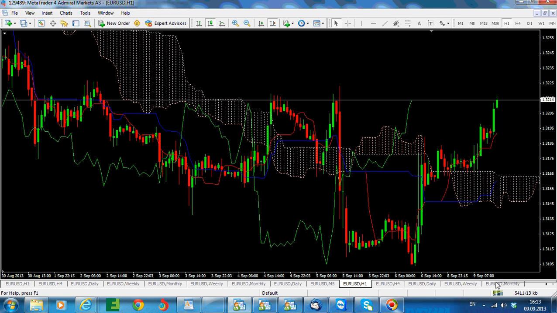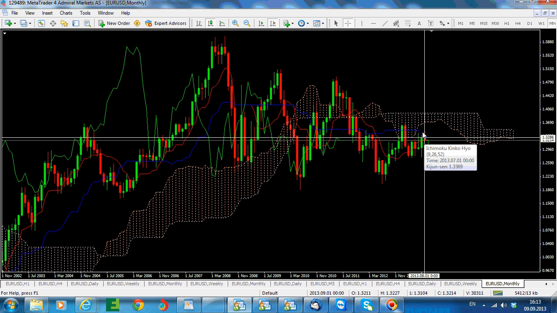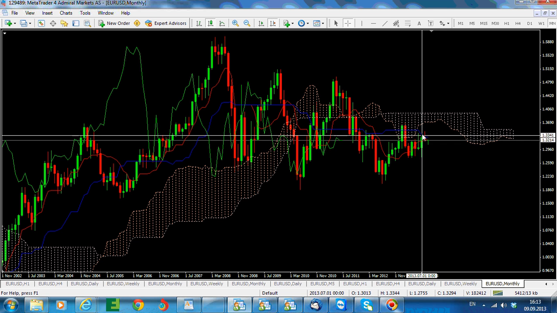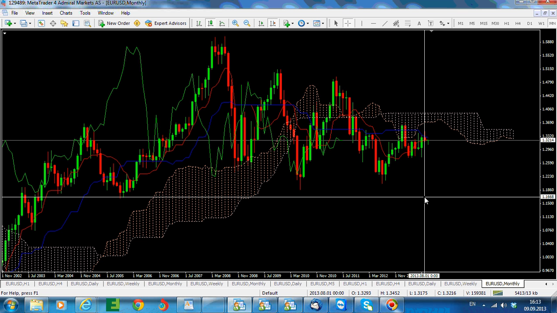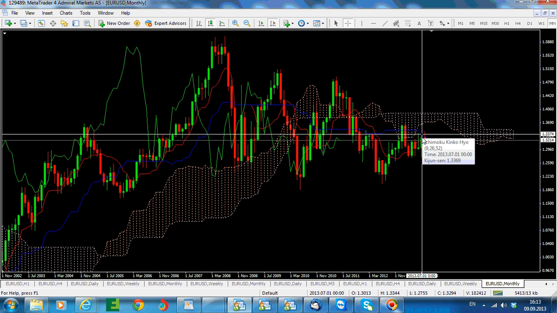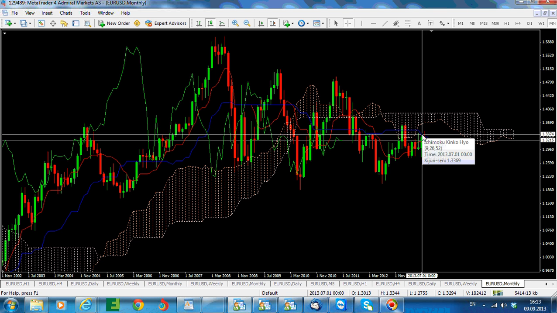On the monthly chart, how can the monthly chart be used? Well, it can be used in the same way as the weekly chart, looking at the possible values for Kinjun and Tenkan to offer a strong rejection. For example, here, as you can see, the high here, the value for the Kinjun has been 133.69.